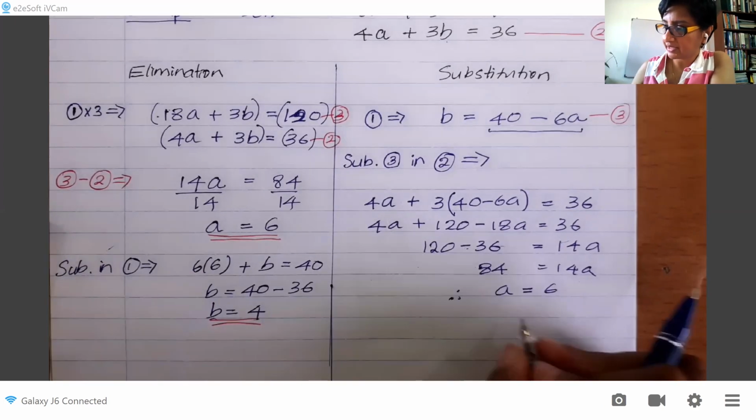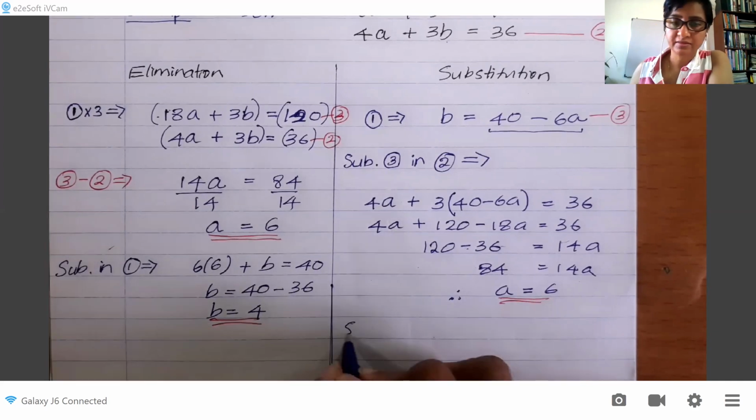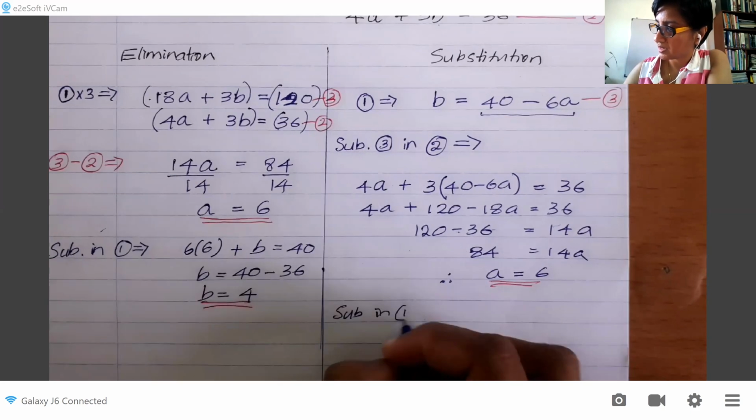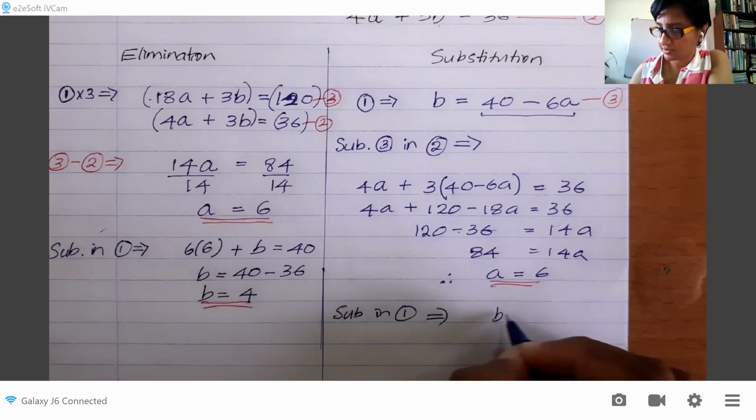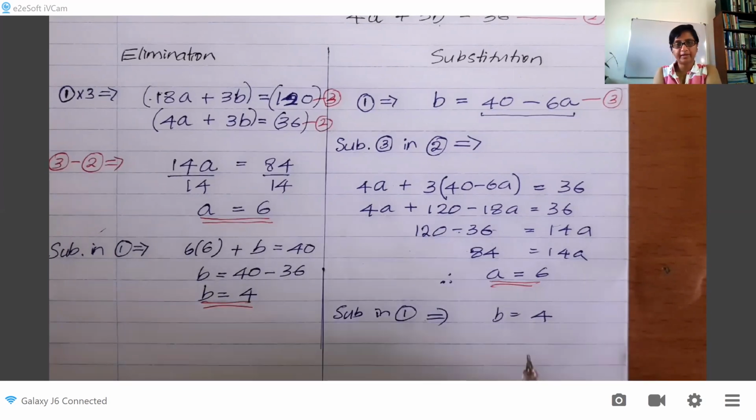And then you put it back again. The rest is the same. Sub that in, whatever you want. And you get, so I'm not showing you that, you get that. Right?